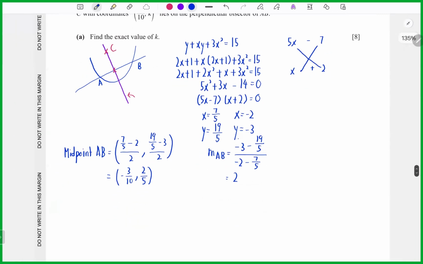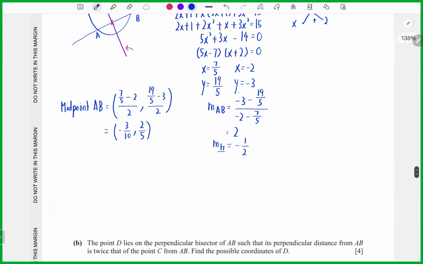Now I can find the perpendicular gradient, so you will get negative 1 over 2. So now you can form the equation: y minus 2 over 5 equals negative 1 over 2 bracket x plus 3 over 10.